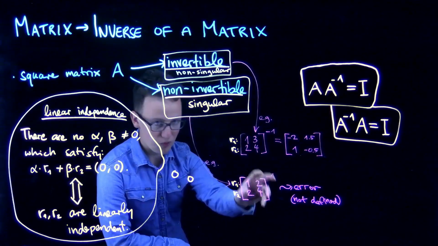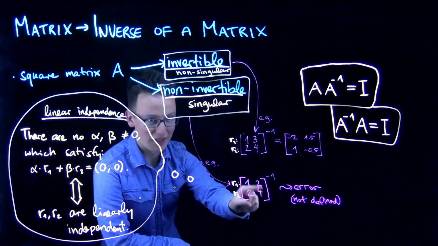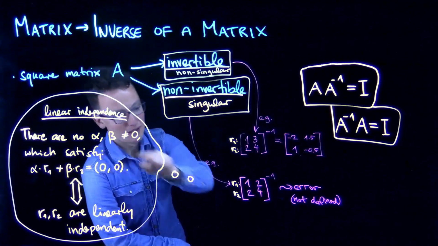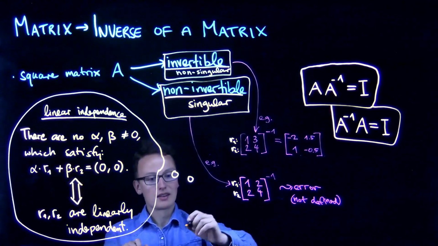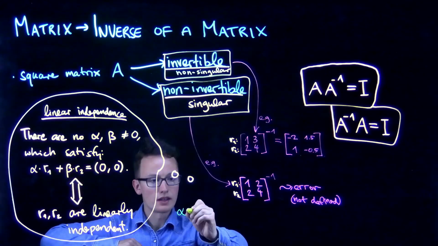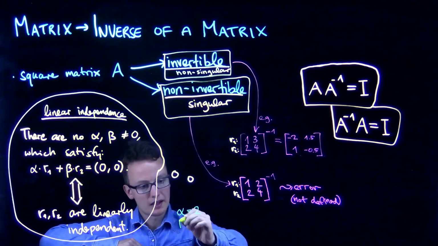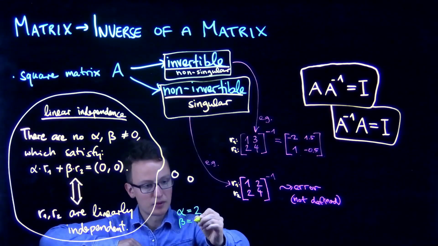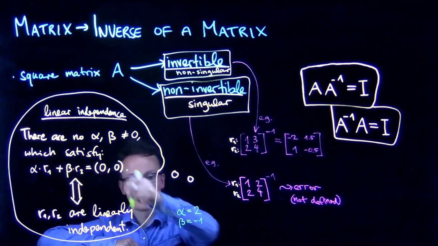And let me just show you for this example why here we can in fact find two values alpha and beta which make this equation true. So we could, for example, write that alpha is equal to 2 and beta is equal to -1. Well, in that case, let's see what this equation gives us.